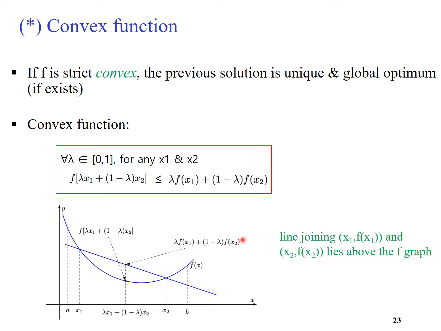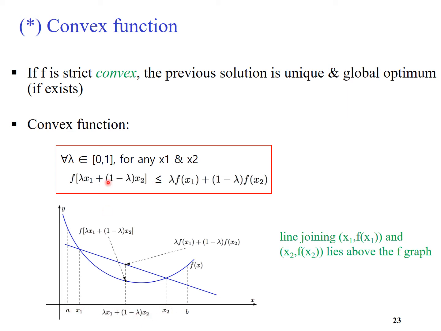So this formula, lambda times f(x1) plus (1 minus lambda) times f(x2), represents the data points between these two points, the data points in this line. This one here is any arbitrary data between x1 and x2.